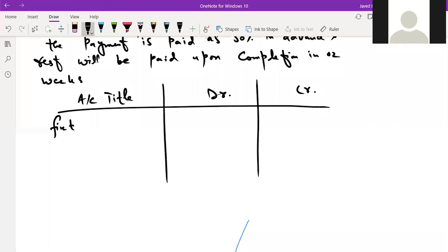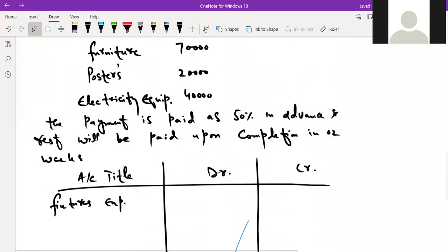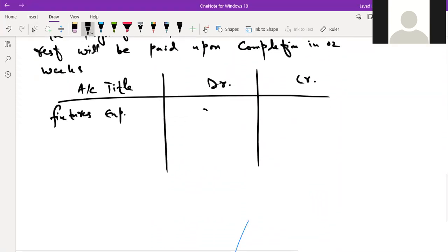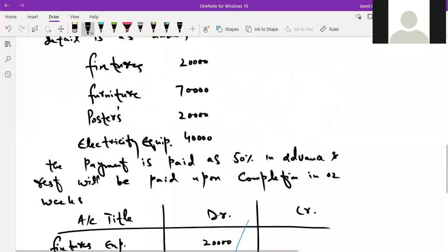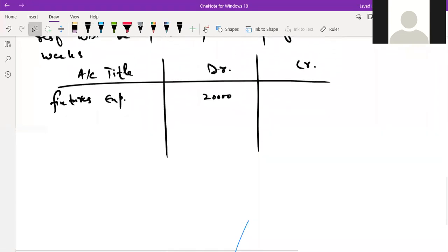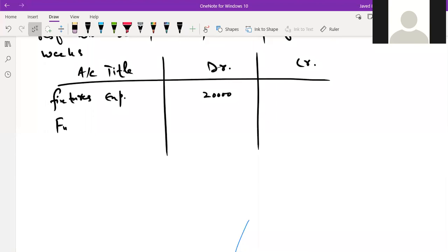So fixtures expense is of 20,000. Similarly, your furniture is an asset, so it cannot be expensed, which is of 70,000.